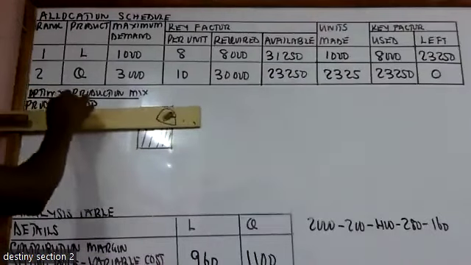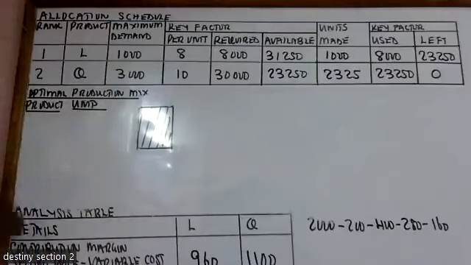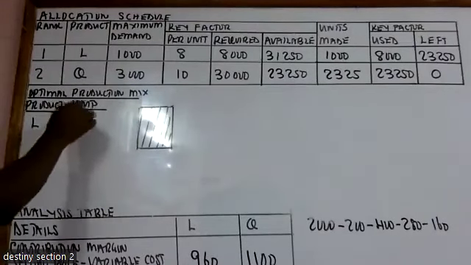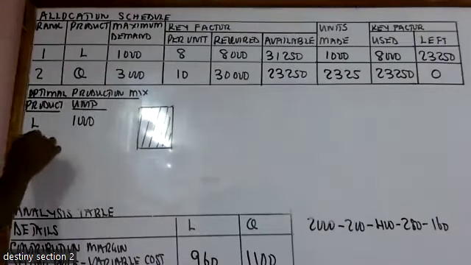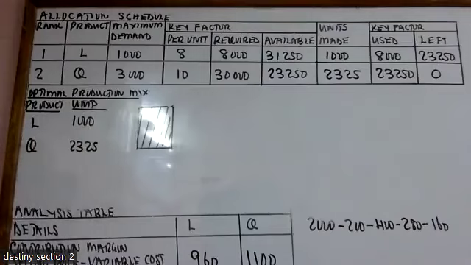But this one is not very necessary because we are just extracting what you already have there. Product L, tumesema we are making 1,000 units. Product Q, we are making 2325.